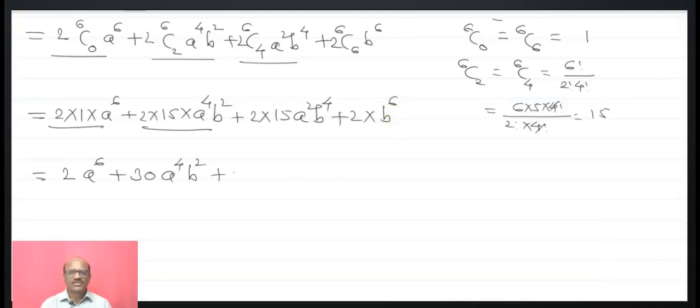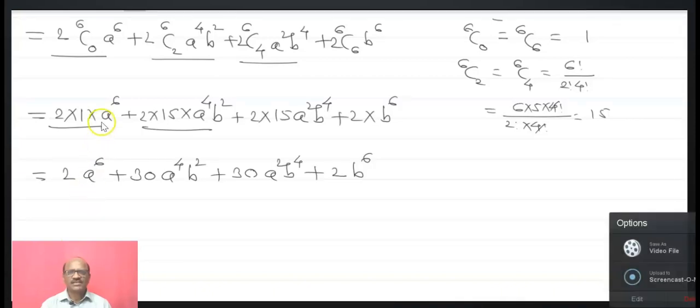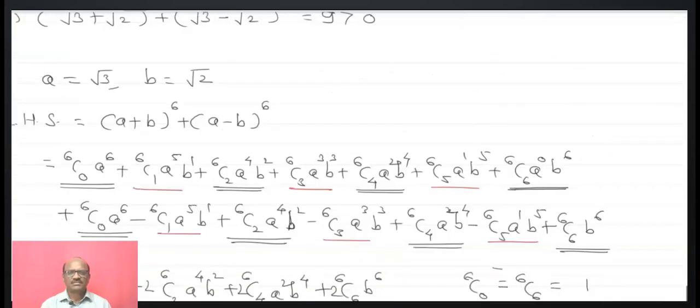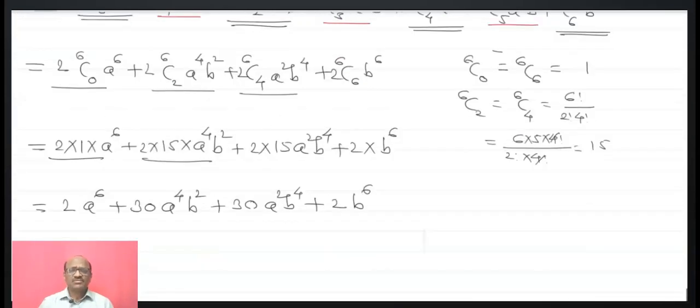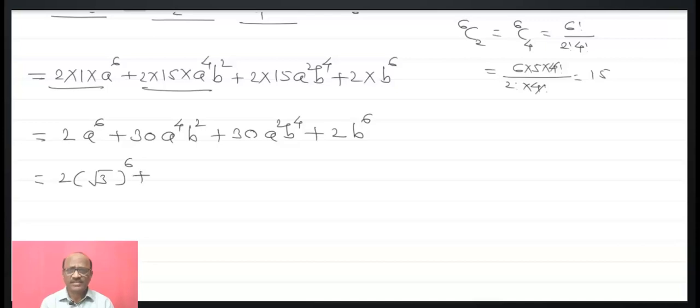That is 2 times a raised to 6, 30 a raised to 4 b square, 30 a square b raised to 4 plus 2 times b raised to 6. Now we will substitute the values.